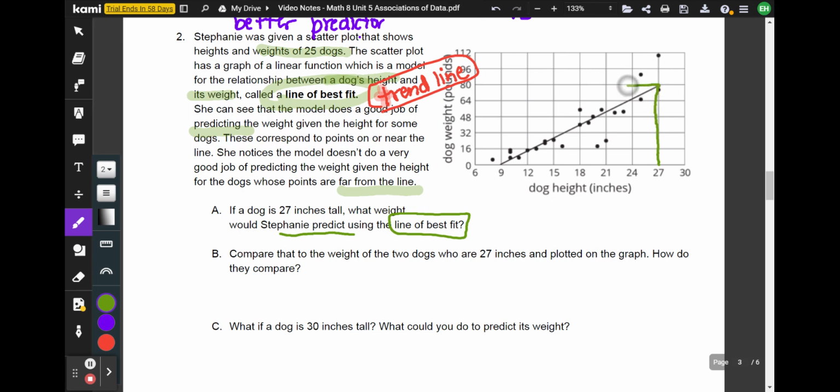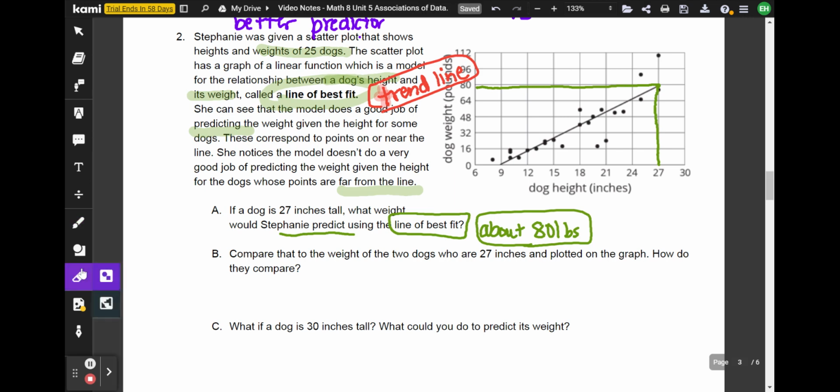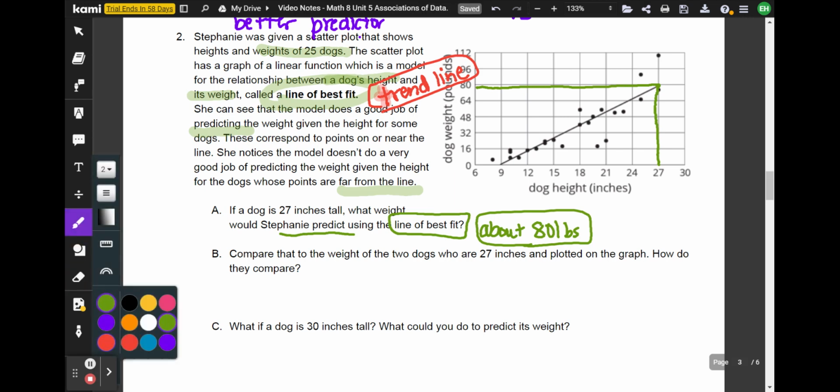What we should predict is that a dog should weigh about 80 pounds. What we're noticing, though, is there are two dogs that are 27 inches in height. If you look here and here, those are 27 inches, but they are not on the line. So we're using the line to predict this.